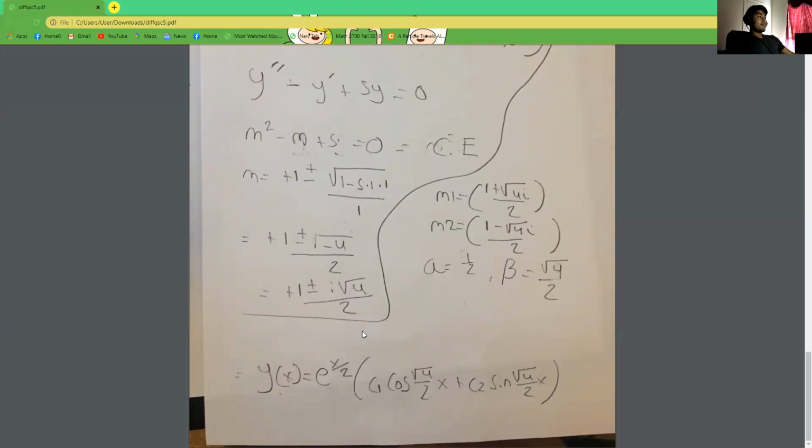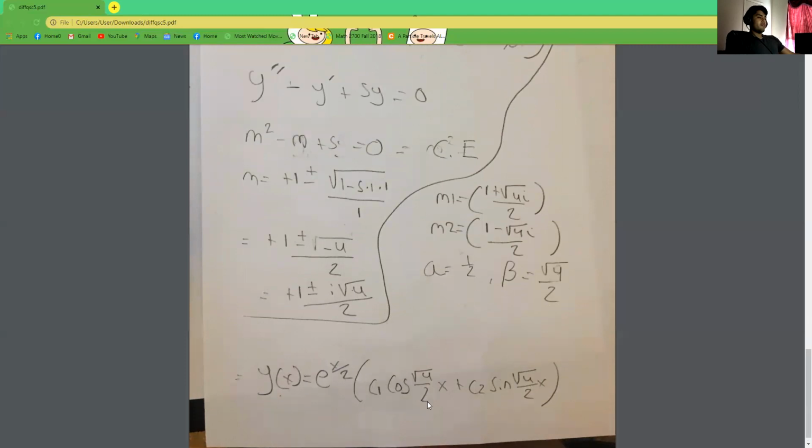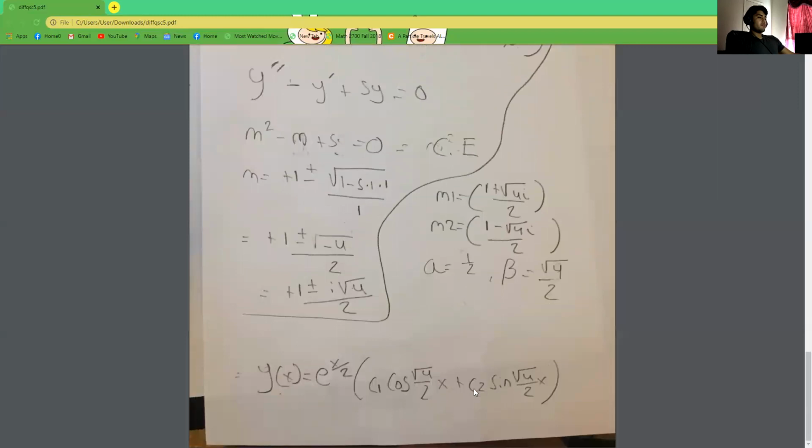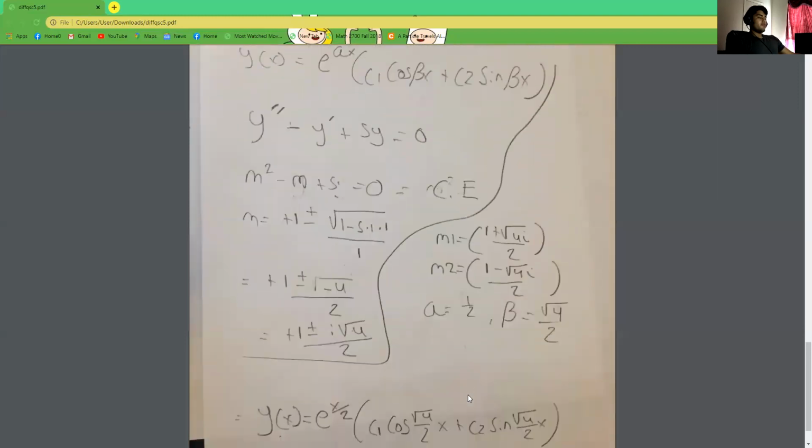And then now we're going to plug it in. So y of x equals e to the x over 2, parentheses, c1 cosine of square root of 4 over 2 times x plus c2 sine of square root of 4 over 2 times x. So that's how you solve second orders that are homogeneous.